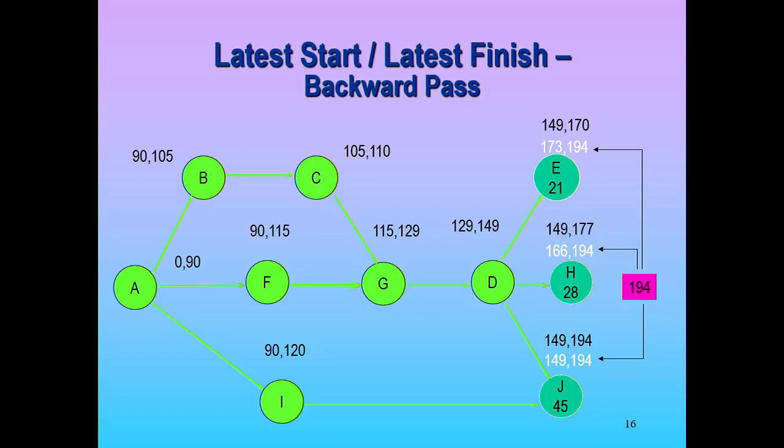So now I start making a backward pass. So when is the latest D can finish without affecting the latest start time of the 3 nodes that wait on it? When's the latest D can finish without affecting the late start of these 3 nodes?